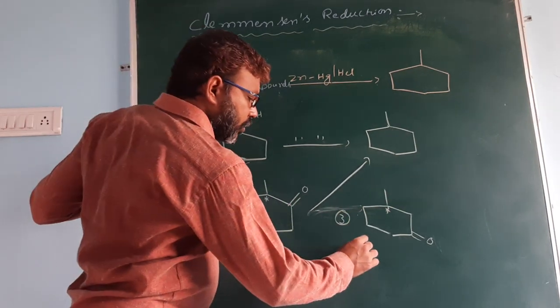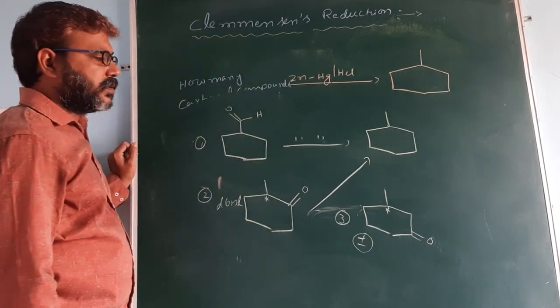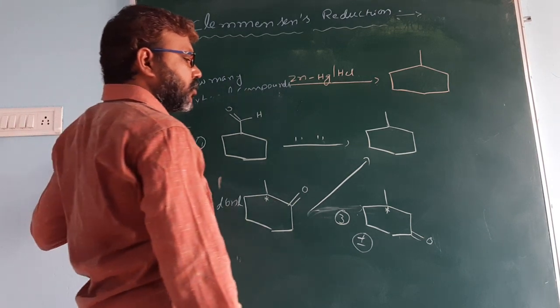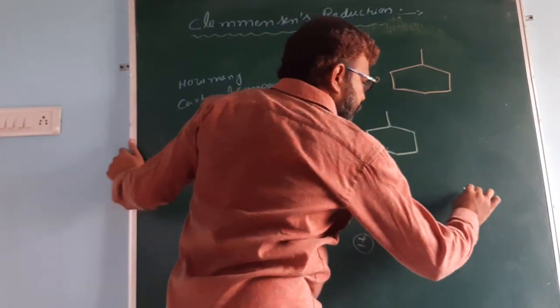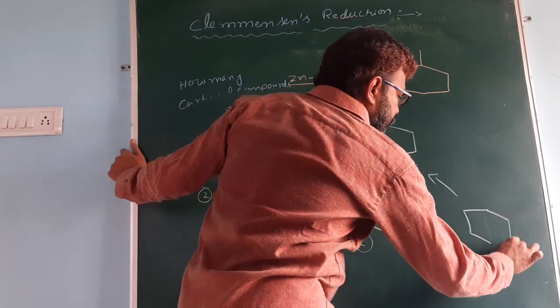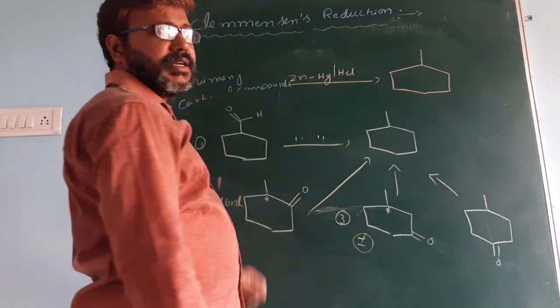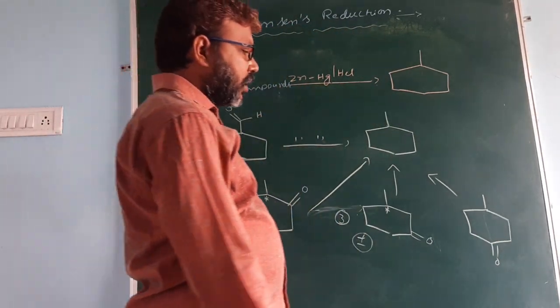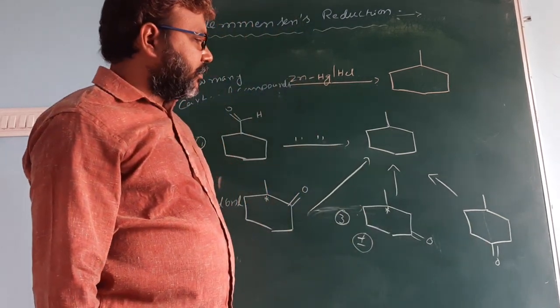Okay, so it is plus or minus, 2 isomers. Okay, so another one, 4-methyl cyclohexanone. So there is no chiral center. Okay, so it cannot exhibit optical activity.